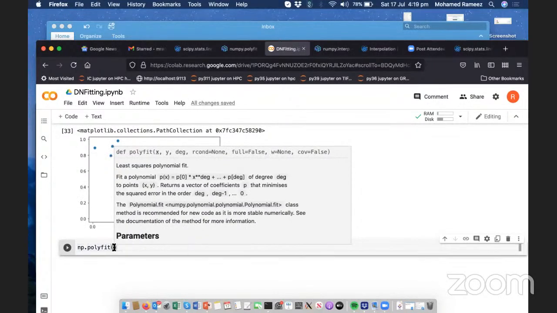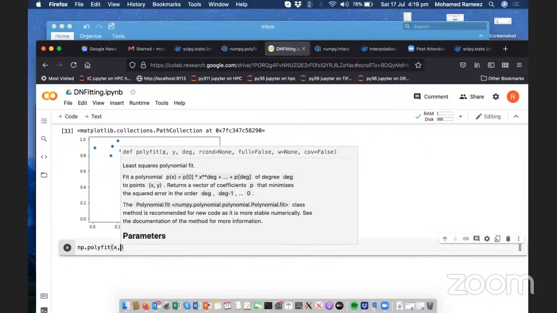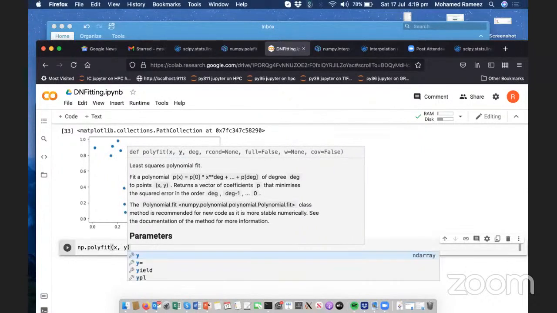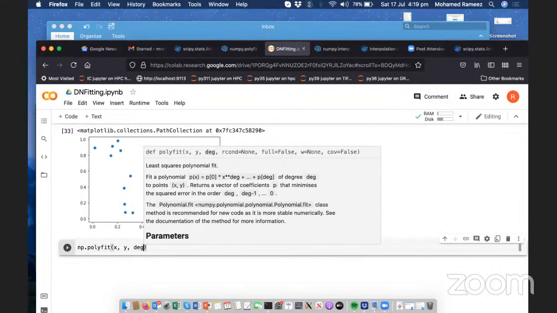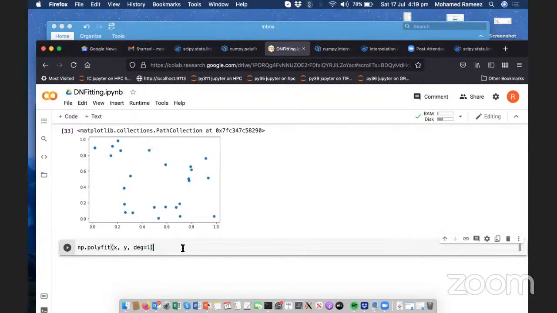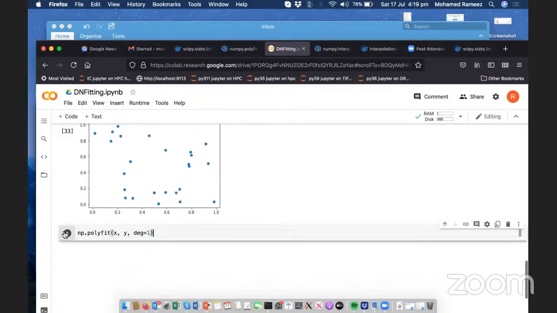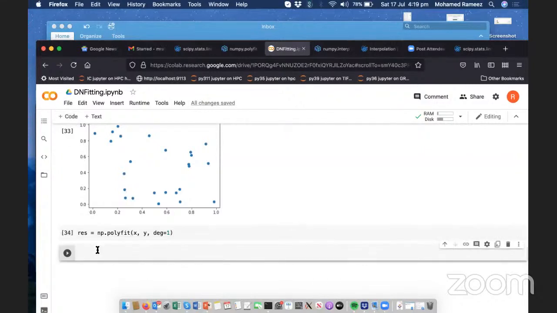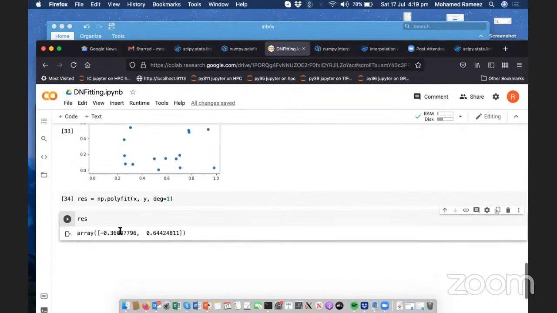So let us now fit x comma y comma deg equals 1. So this should give us the same as a line. res equals that. Now let us examine what is contained in res. It is an array of length 2.